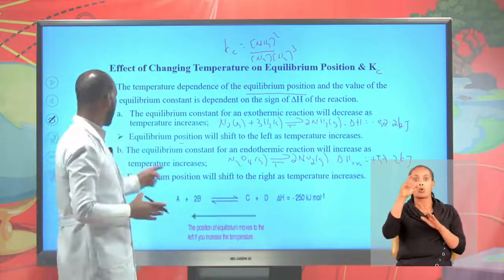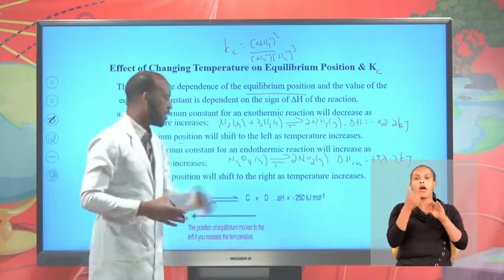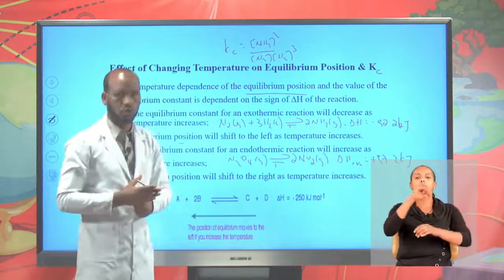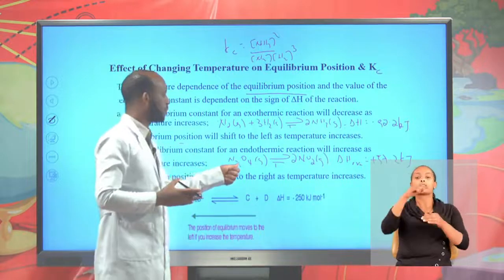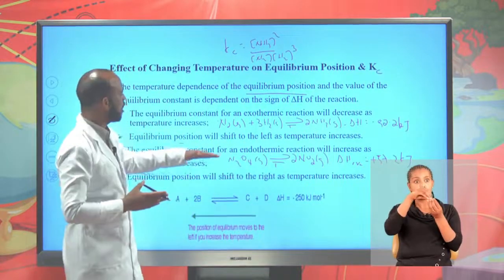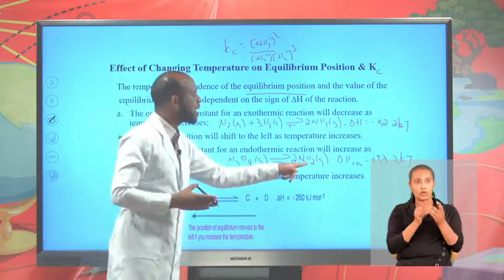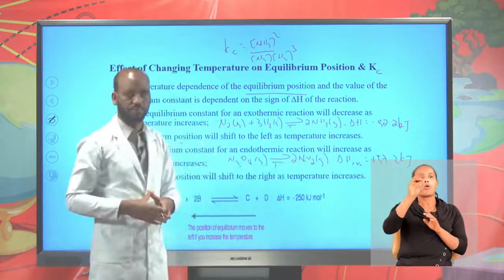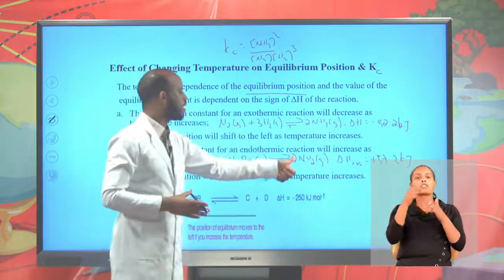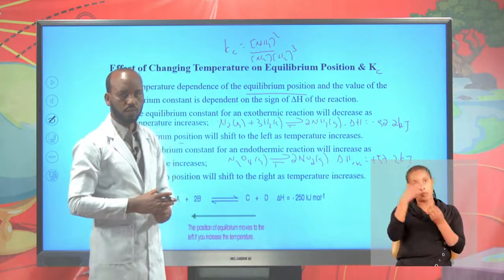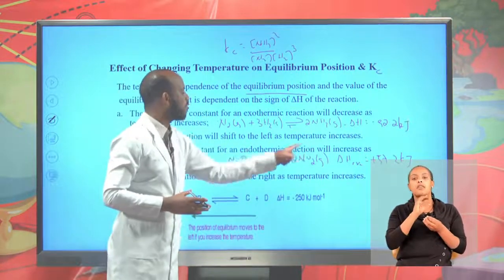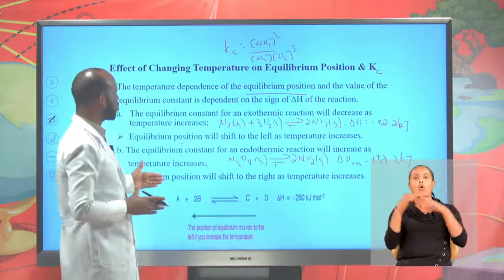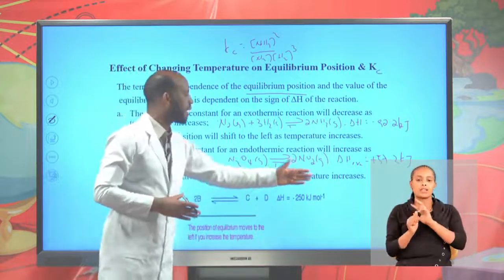Here it says the equilibrium constant for an endothermic reaction will increase as the temperature increases. When the temperature of this system increases, equilibrium shifts to the product side. Formation of nitrogen dioxide is favored. Therefore, the value of Kc increases because Kc and the concentration of NO2 are directly proportional. Equilibrium position will shift to the right as temperature increases.